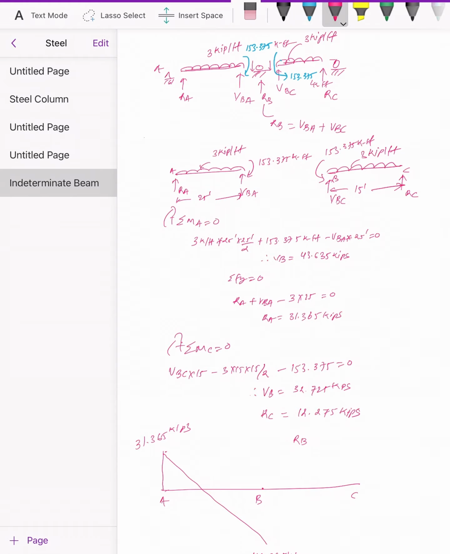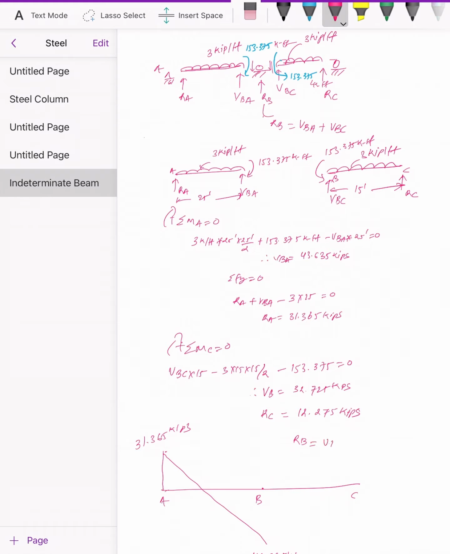If we cut a section here, in order to balance this we have to put the downward force of VBA, that's going to be 43.635, so it will act downward. And from here VBC is positive, so just to the right of the support it will be downward. So in order to balance, RB has to be upward.